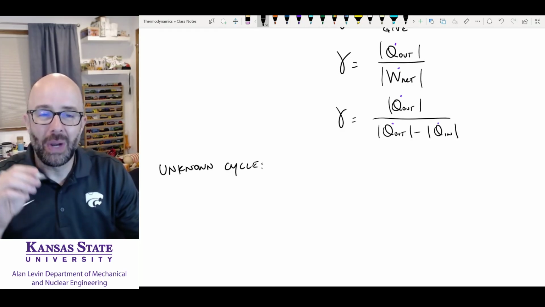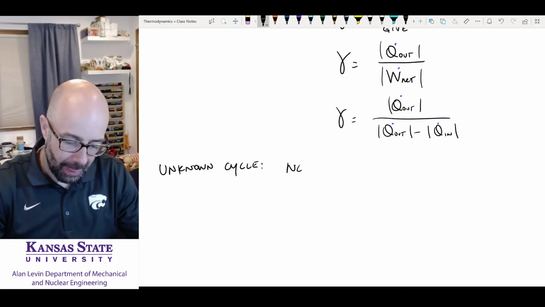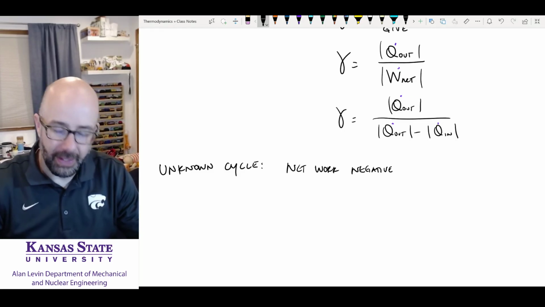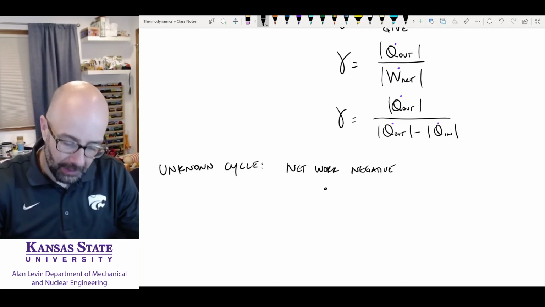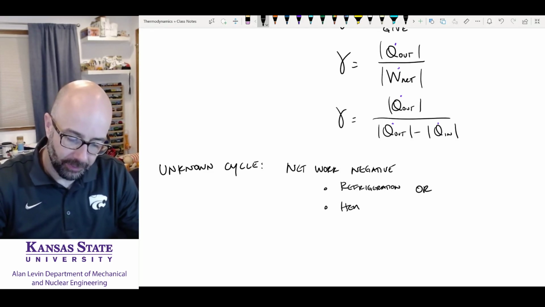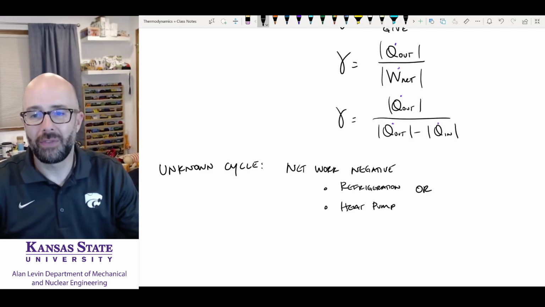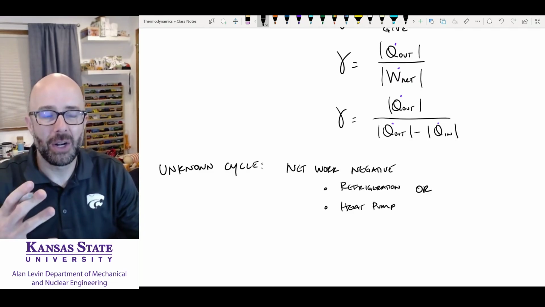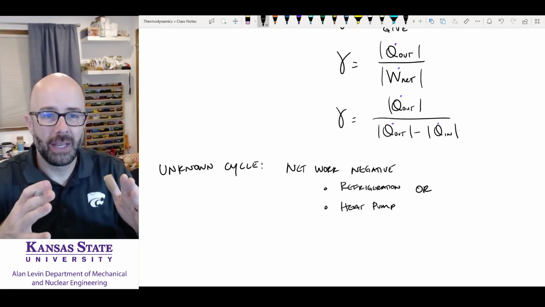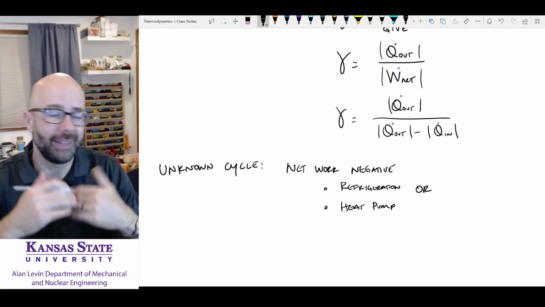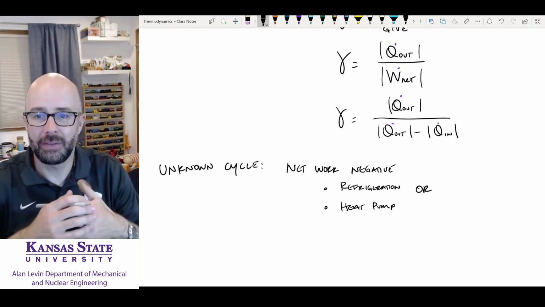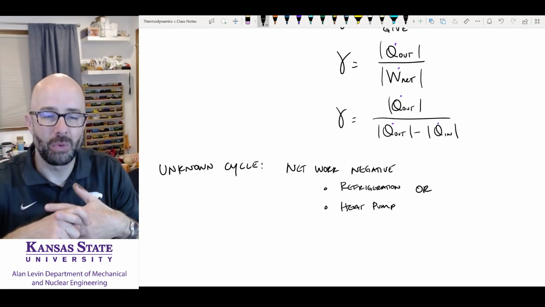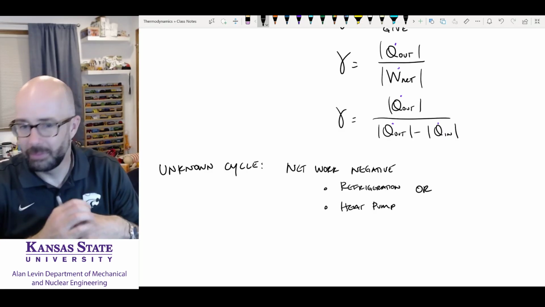If you have an unknown cycle and the net work is negative, it could be either a refrigeration cycle or a heat pump. We don't know for sure. We can find out more about that later as we get a better understanding of thermo, but right now our major things are if it's a positive net work, it's got to be a power cycle. If it's negative, it could be the refrigeration or heat pump. We're just not really sure right now. Okay, so that is a heat pump cycle.